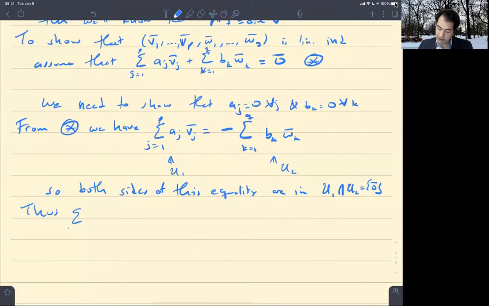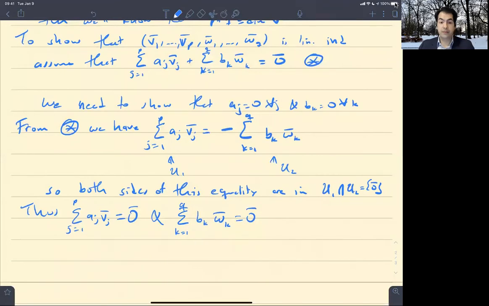So thus we know that the left-hand side is equal to 0, and we know that the right-hand side is equal to 0.